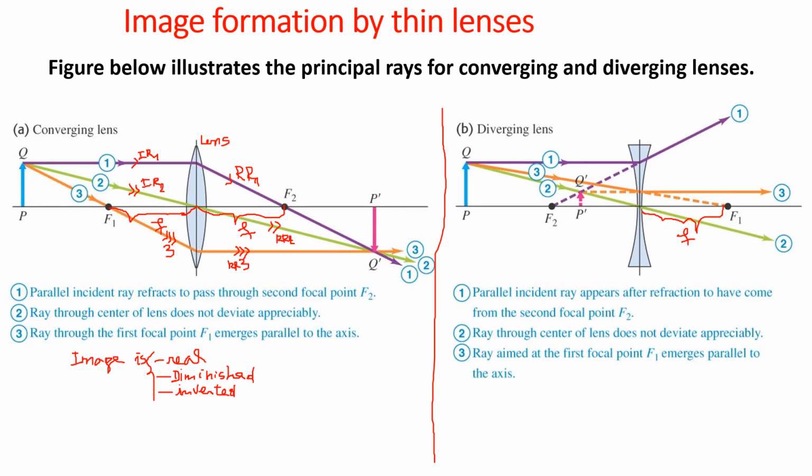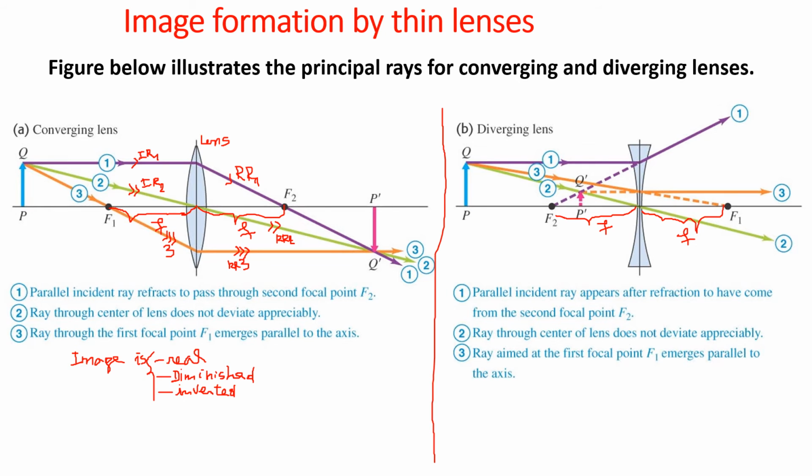The focal point 1 is on the right side of the lens, and we need to position focal point number 2, which is also at the same distance f, focal distance, from the lens. And the focal point 2 is on the left side of the lens. Then we position the object on the left side of the lens.